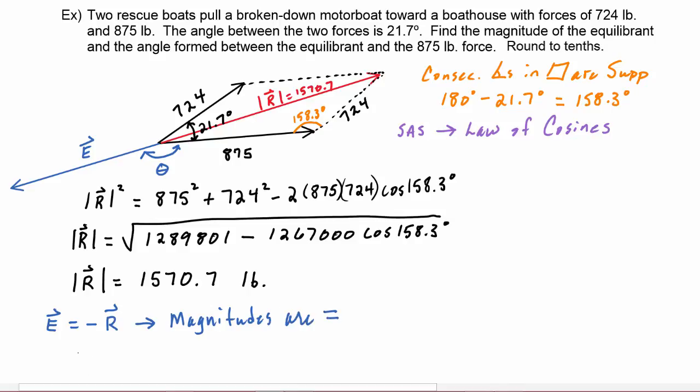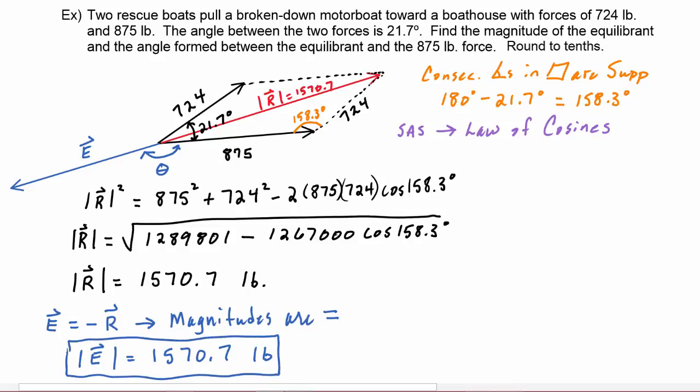So then that means the magnitude of the equilibrant is going to equal 1,570.7 pounds. And we can put that on our picture.